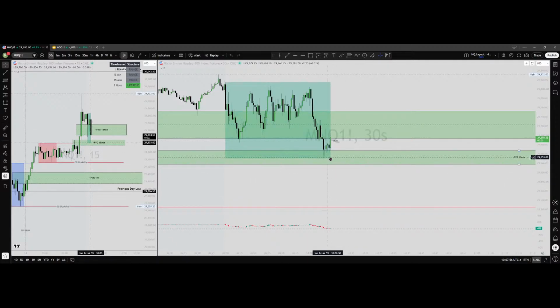At 30-second we are getting an FVG, but that's the same thing again, a lot of clicks, not really worth it.